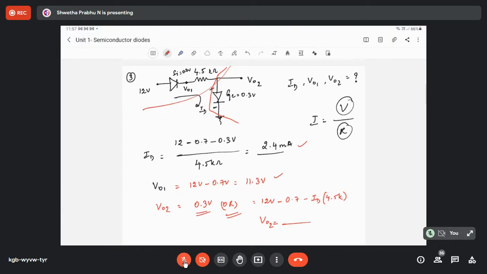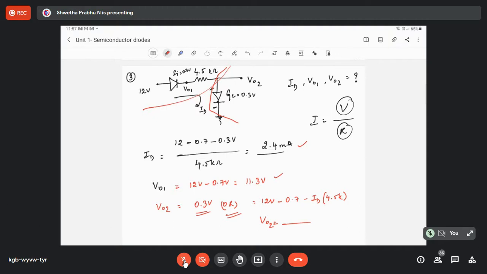Ma'am, VO1 is there, no? Why should we do 12 volts minus 0.7 in that? Come again. How do you find the output voltage? In order to find the output voltage, you have to consider from the battery potential only. There has to be some reference voltage. You can't find VO1 with respect to only one element alone. You can't consider the diode alone in order to find the output voltage.